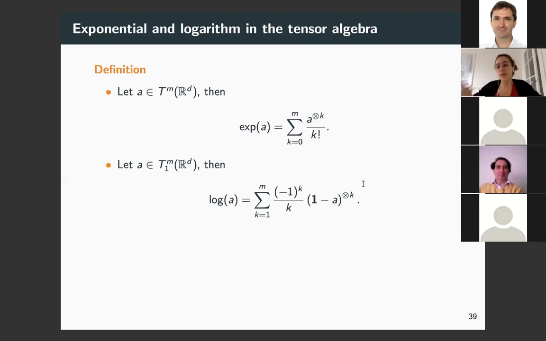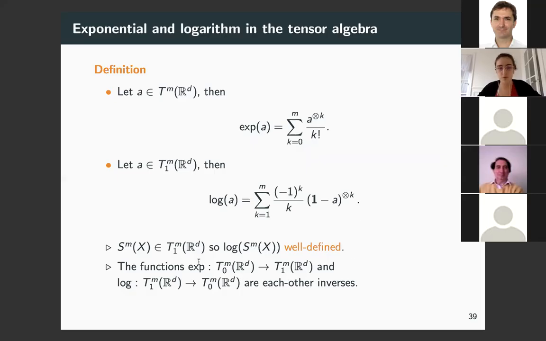As the signature has its first element equal to 1, you can see that the log signature is a well-defined object that you can compute. It's also worth saying that the exponential and the log are isomorphisms and each other's inverses. So from the log signature, you get the signature, and from the signature, you can get the log signature by taking the log and exponential.